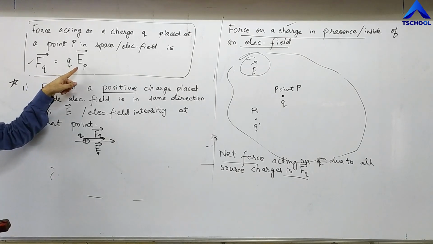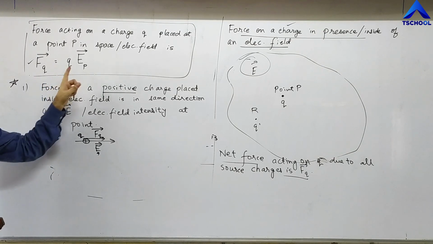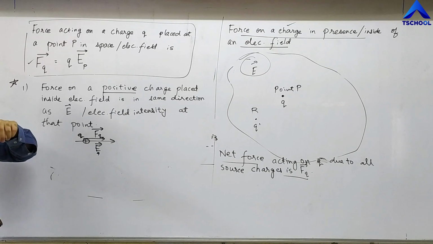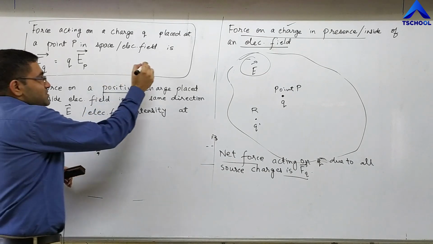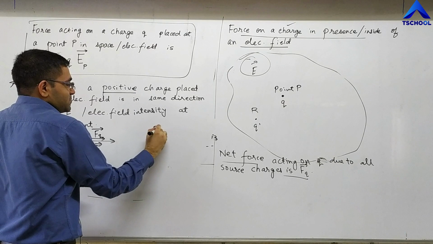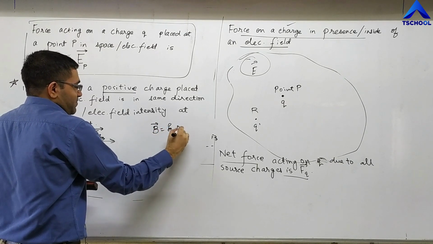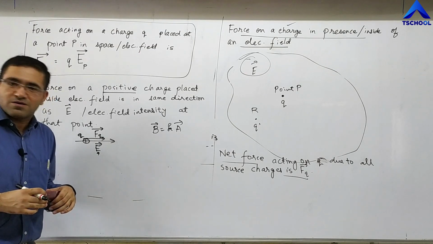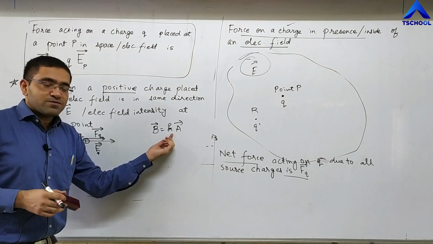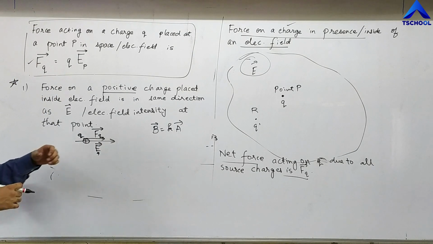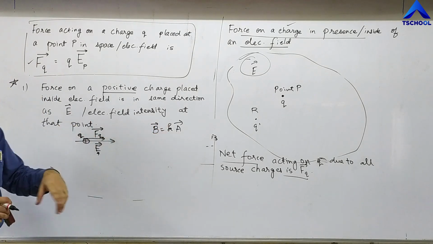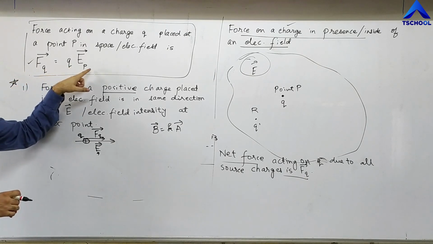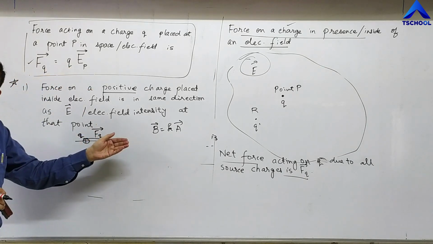So, if you multiply a scalar with a vector, the direction will be the same if the scalar is positive. I hope you remember this. We used to write it like this: if you have B vector equal to K into A vector, where K is a scalar. If K is positive, direction of B vector and A vector is the same. Just like that, if Q is positive, direction of force on Q and electric field at point P is the same.